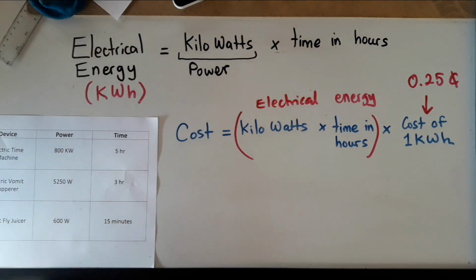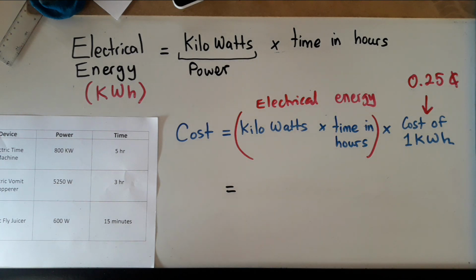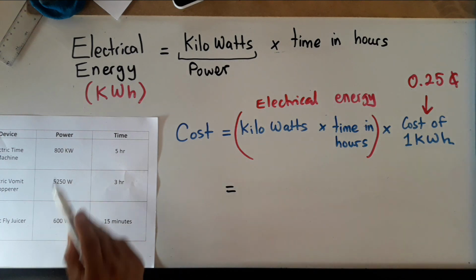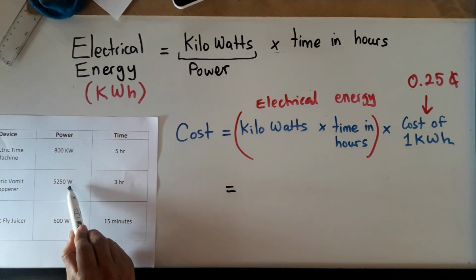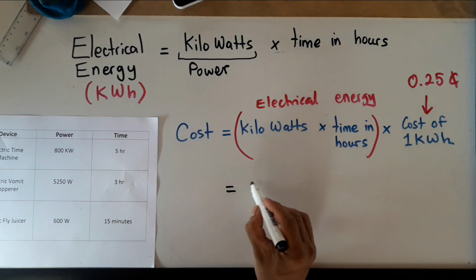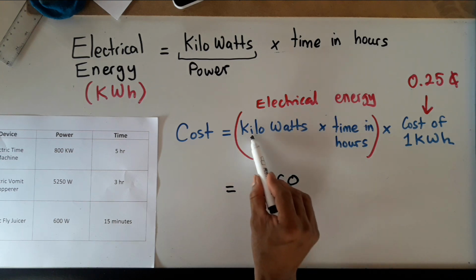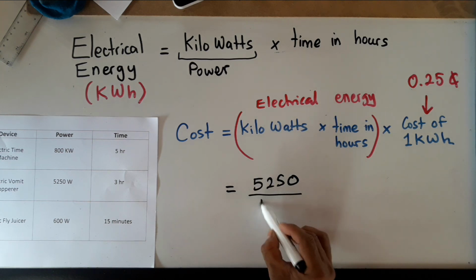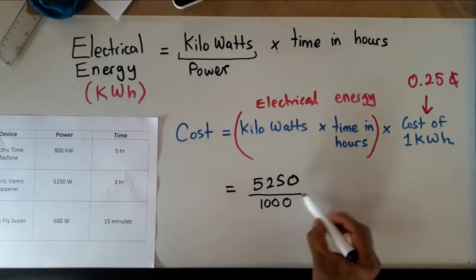Let's try the second one. The other one is an electric vomit stopper. So this time they gave you the power, but they gave you it in watts. For this formula to work, it has to be in kilowatts. To convert watts to kilowatts, kilo means 1,000, so you have to divide it by 1,000 first. So that's the power in kilowatts.